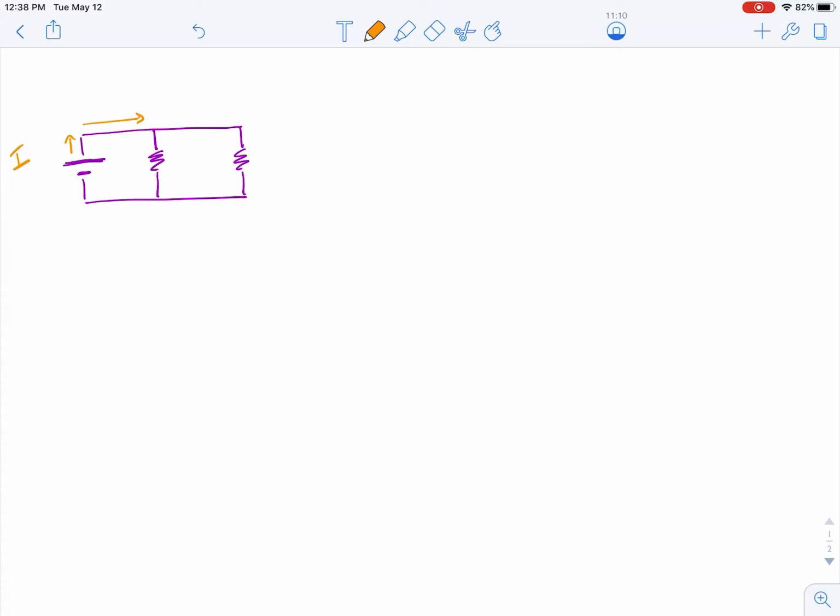So you can see that we have a branch right here where some of our electrons are going to have to choose to go down this first little branch, and some of the electrons are going to have to continue down that wire to the second device or second resistor, whatever that may be, okay?